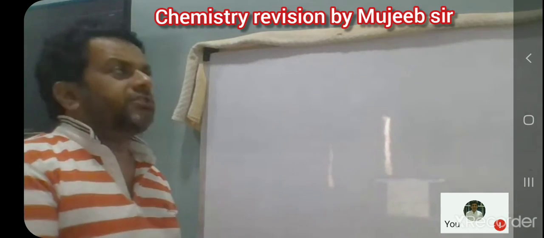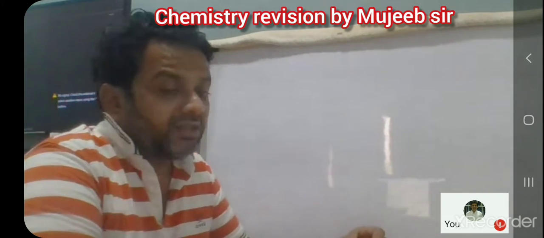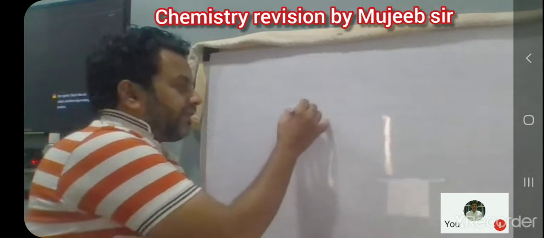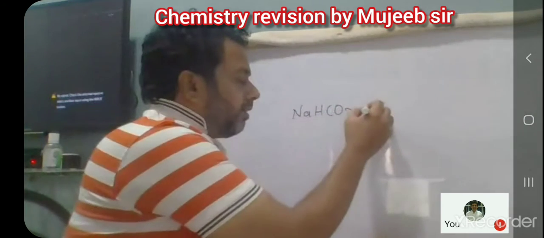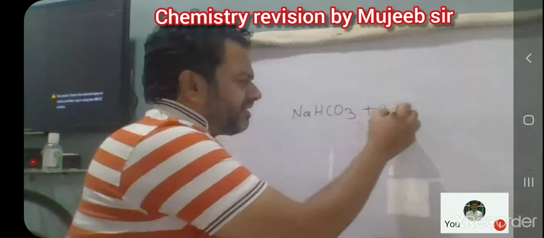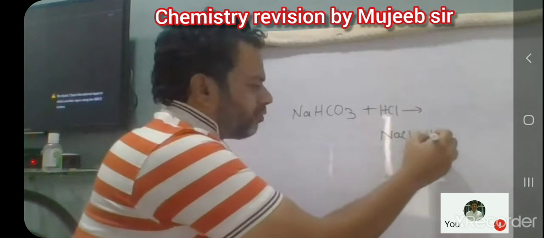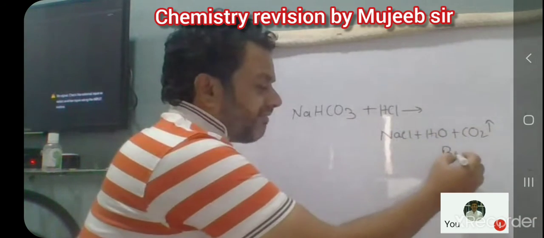Fine. Now just imagine that you don't have the flame with you, and you don't have the lime water with you. Then how will you confirm that carbon dioxide is given out? Brisk effervescence. See, this is the second important characteristic of carbon dioxide. If you take NaHCO3, that is baking soda, and add it to any acid, HCl, then you will get NaCl plus H2O plus CO2, but this CO2 comes out in the form of brisk effervescence.